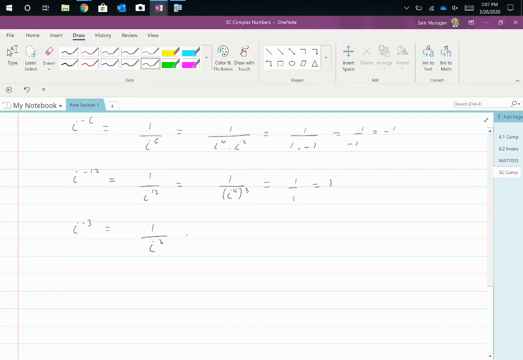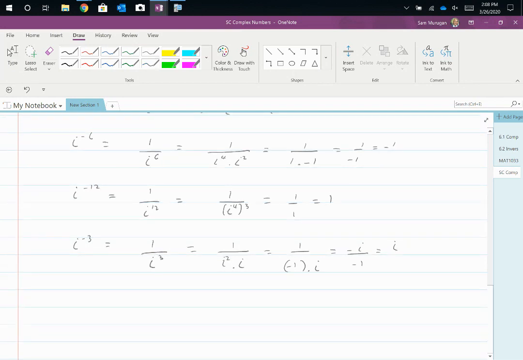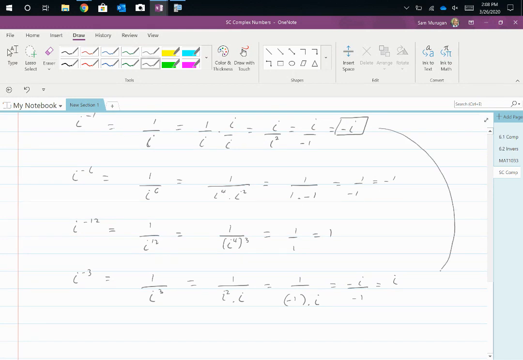To see this, we would look at it as 1 over i squared times i, which is 1 over -1 times i, and this of course would be equal to negative i over -1, which is positive i, because we figured out that 1 over i is equal to negative i.